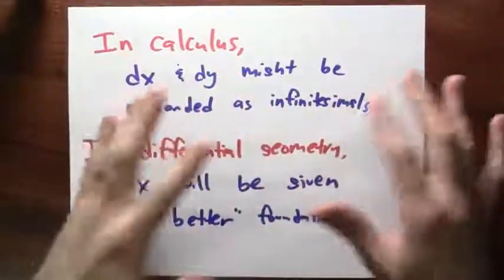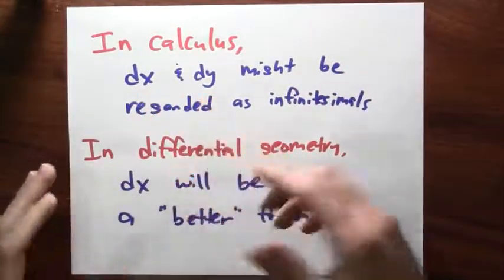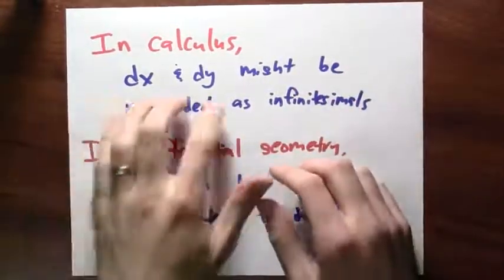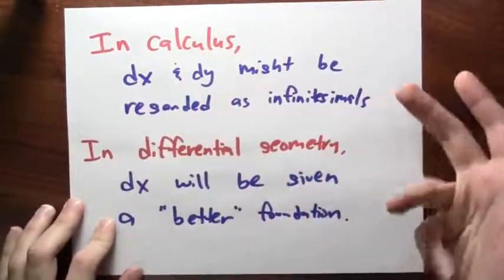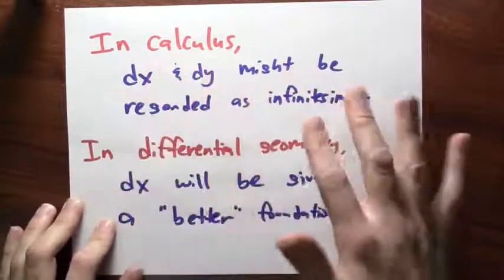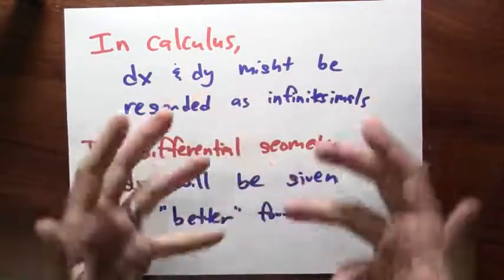At different points in your life, you'll develop different ideas about what dx and dy really mean. In this calculus class, if you really want to, you can think of dx and dy as infinitesimal quantities, very small quantities. It's difficult to make this sort of thinking entirely rigorous, but that's certainly an okay way to think if you're trying to get some intuition for what these things are representing.